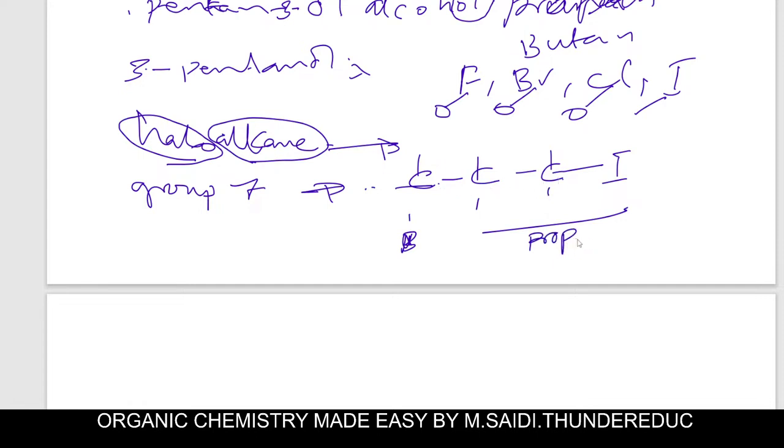So because it's an alkane, we add the word alkane, and then it becomes propane. But it has this iodine on carbon atom number 1. Therefore, it becomes 1-iodopropane. So that's how we name it.